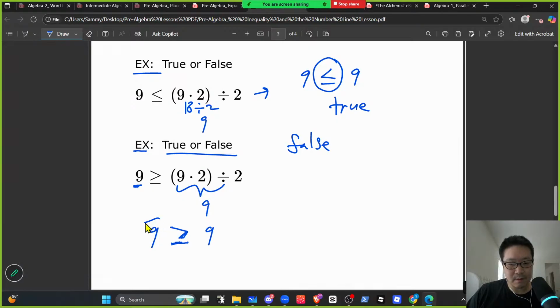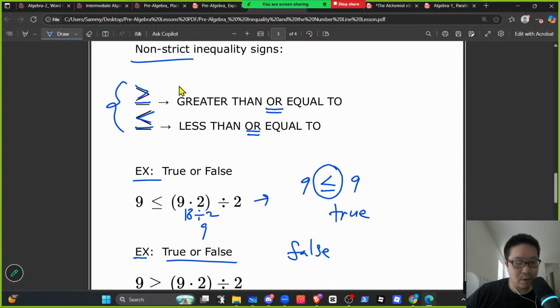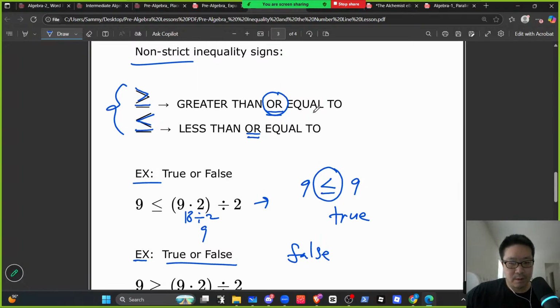Well, 9 isn't greater than 9 because it's equal to each other. Right. But remember, it's saying greater than or equal to. So if they're equal, it's still true. Do you understand?